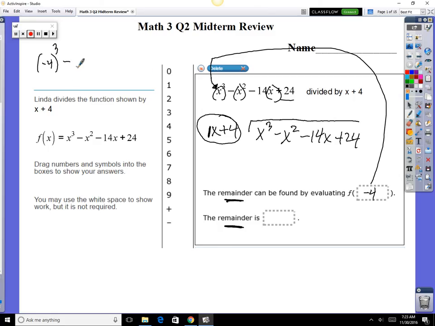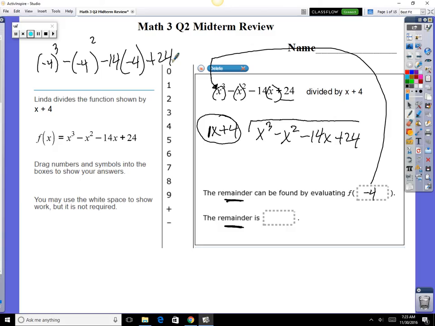So I'm going to go minus that x, parentheses, negative 4, squared, minus 14, parentheses, negative 4, parentheses, plus 24. Now, if you type that in exactly how you wrote it down, you have to include the parentheses or your calculator is going to mess it up, and hit enter.